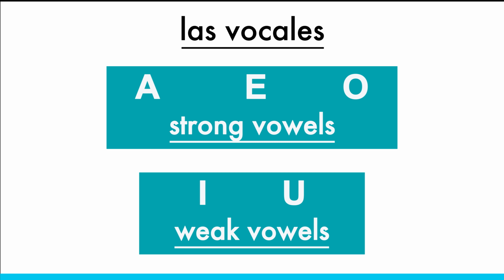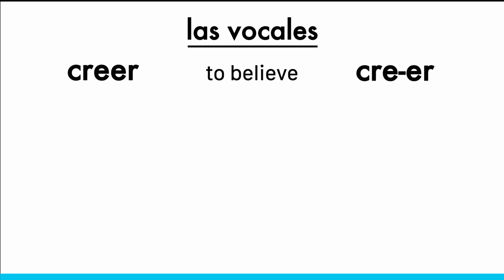This is important because, depending on how the vowels are paired together, they can be in the same syllable or separate. For example, two strong vowels together make different syllables. Creer has two letters E, and because the letter E is a strong vowel, this is going to have two syllables.